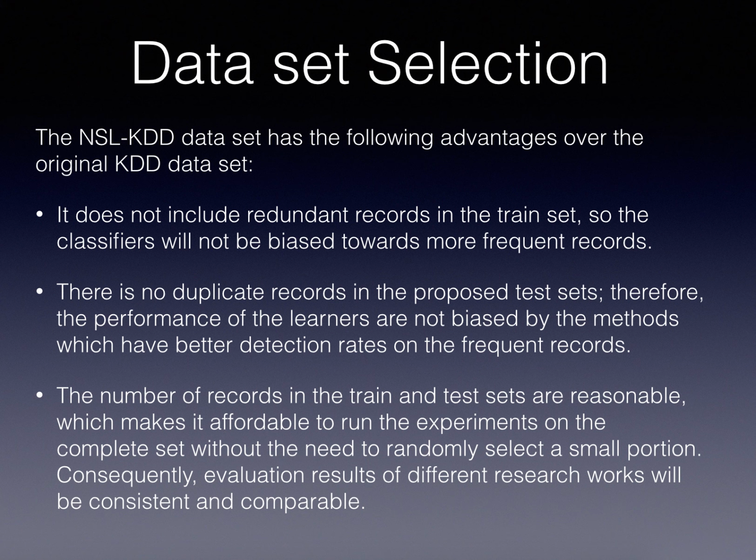Here I use the NSL-KDD dataset instead of the raw dataset. I choose this dataset for 3 main reasons. The first is that this dataset does not include redundant records in the training set, so the classifiers will not be biased towards more frequent records. Another reason is that there are no duplicate records in the proposed test sets. Therefore, the performance of the learners is not biased by methods which have better detection rates on the frequent records.